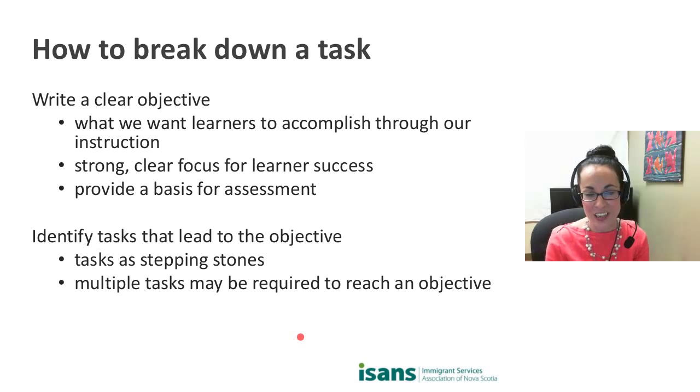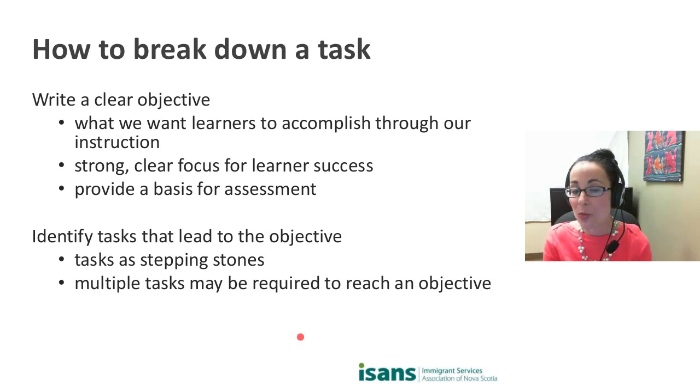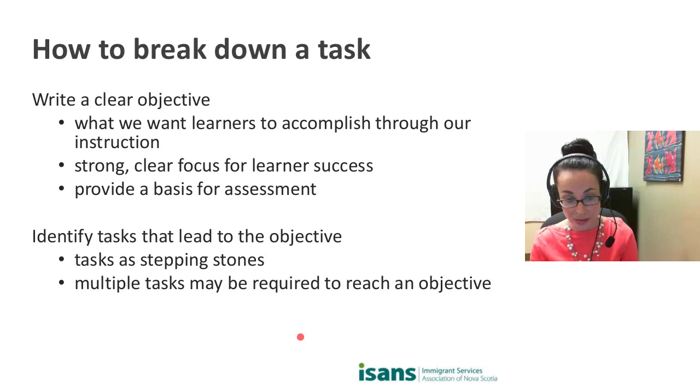So when we're writing an objective, the idea is to think about what we want learners to accomplish through our instruction. And again, to have that strong, clear focus, thinking all the while about the learner's success. And of course, as instructors, part of our role is to assess. So our objectives should provide a basis for assessment.